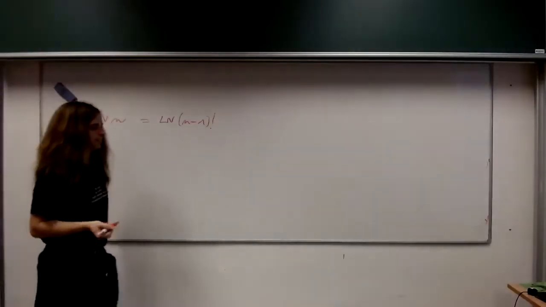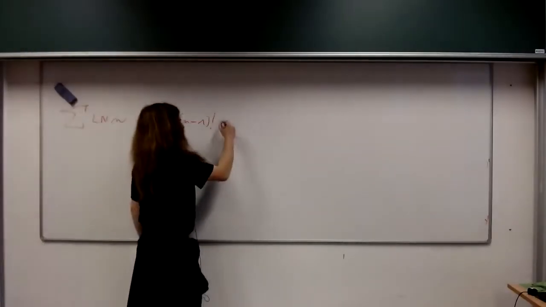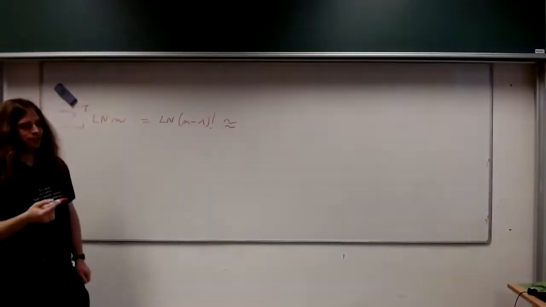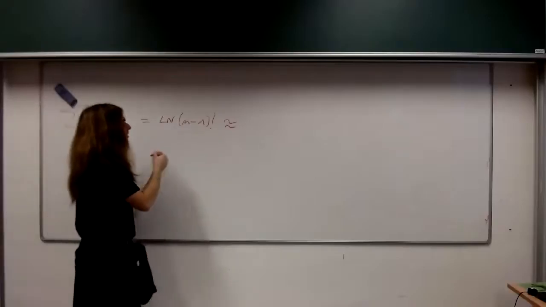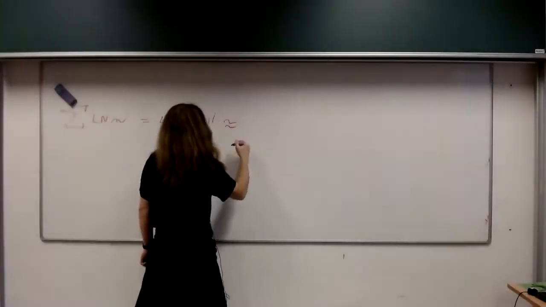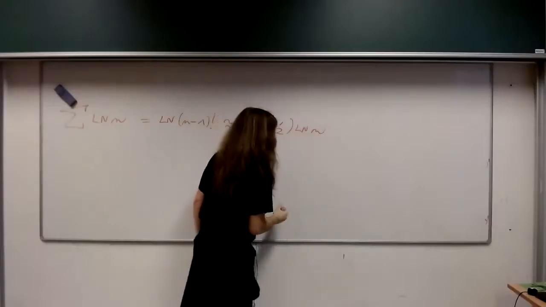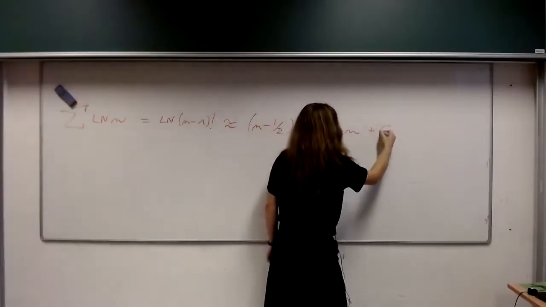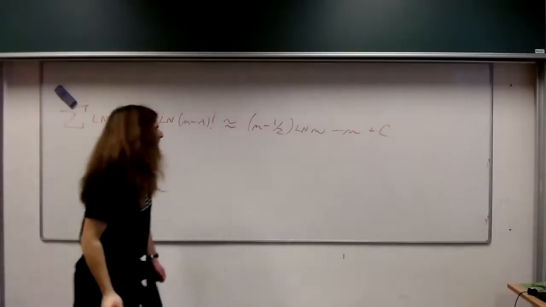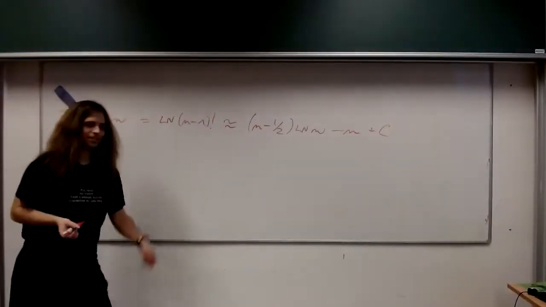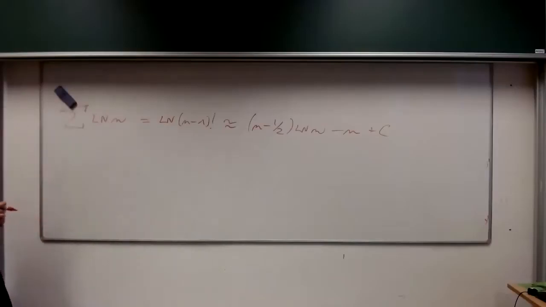But this is not something that we would like to mess with. So let's just use this Stirling's formula. Here we would get n minus 1/2 logarithm of n minus n plus a constant. And that logarithm of square root of 2 pi can be just put in the constant.